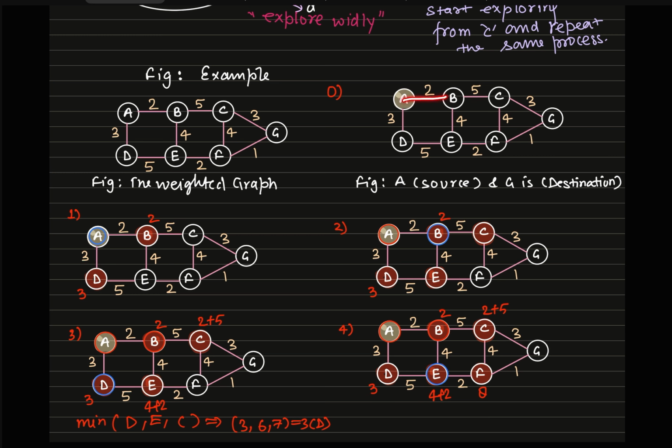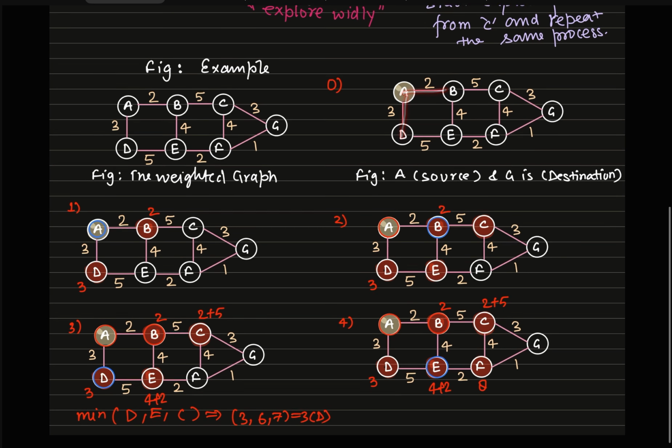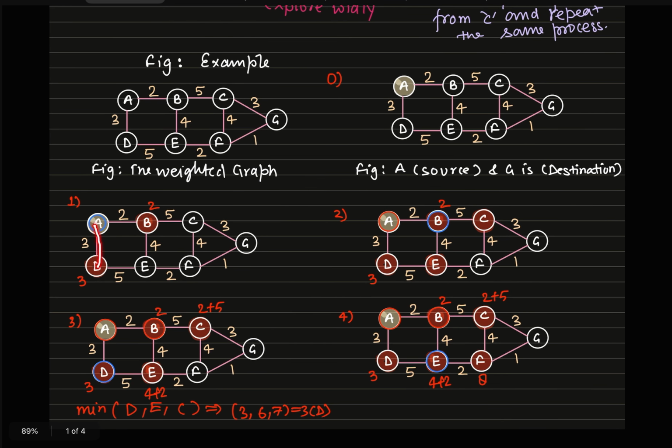We explore all the neighbors corresponding to this source. You can see in these pictures that D is explored and B is explored. On top of B and D we write the cost from the source. Source to D is cost 3, and we have written it over there.